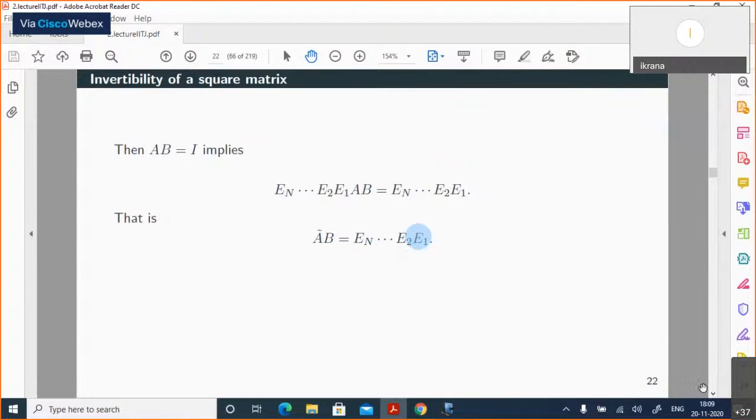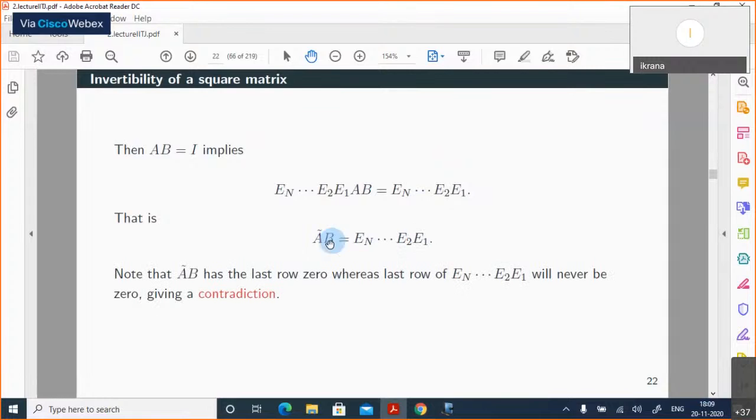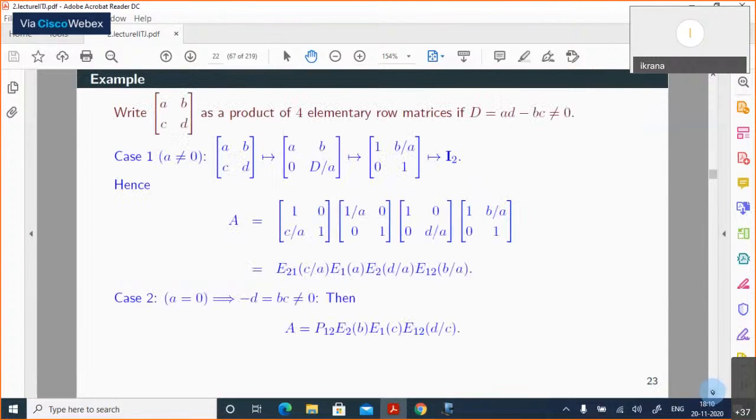The left-hand side is a matrix which has last row 0, because A tilde has last row 0. That is a contradiction. So this is an elementary fact about using elementary matrices.